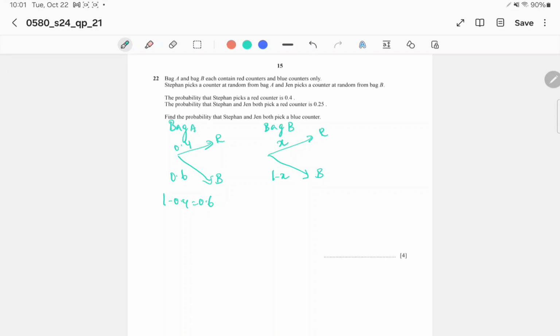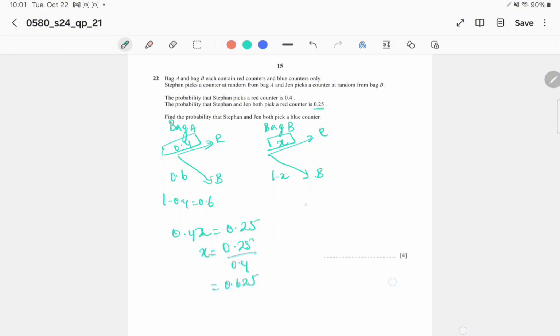So how will we go through the equation? First part is 0.4 for Stephen. So 0.4 into x equal to 0.25, because both must be red. So x is equal to 0.25 divided by 0.4, which is 0.625.